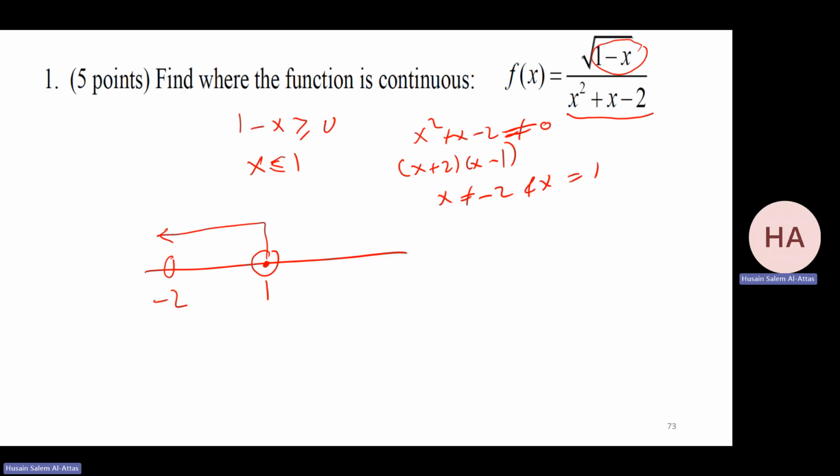Okay, so what will be the answer? What will be the domain? What will be the interval? It will be from minus infinity up to minus 2, union minus 2 to 1 open, since x not equal to 1.